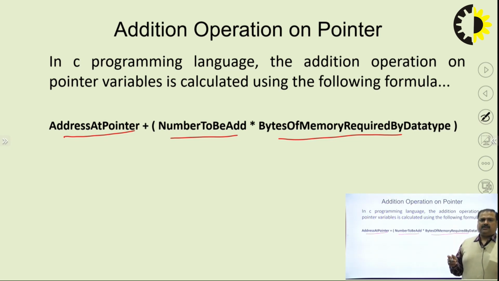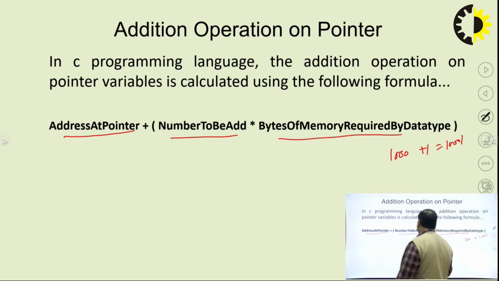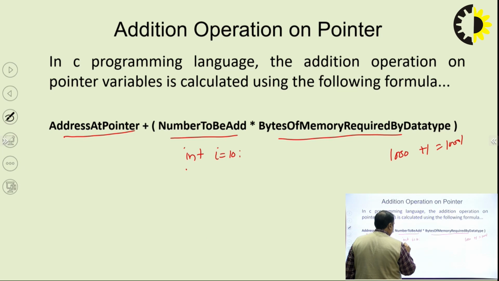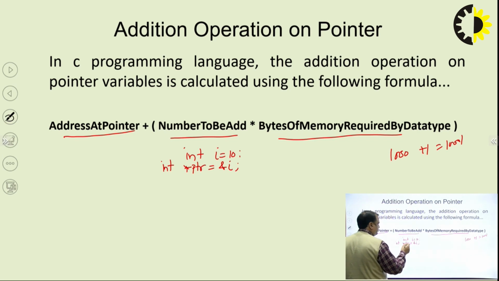That is not like if the pointer value is 1000 and we add 1, it becomes 1001. No. Like if we have an integer variable, int i equal to 10, and a pointer ptr of type integer holding the address of i, then if I perform ptr + 1, what will happen?